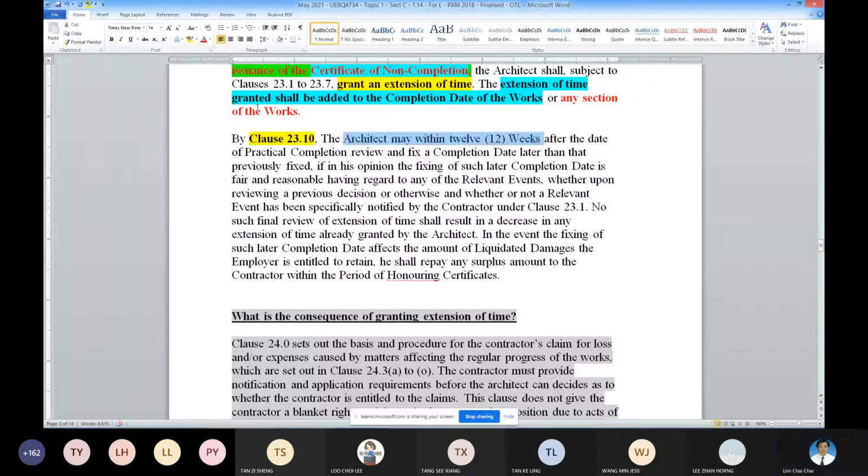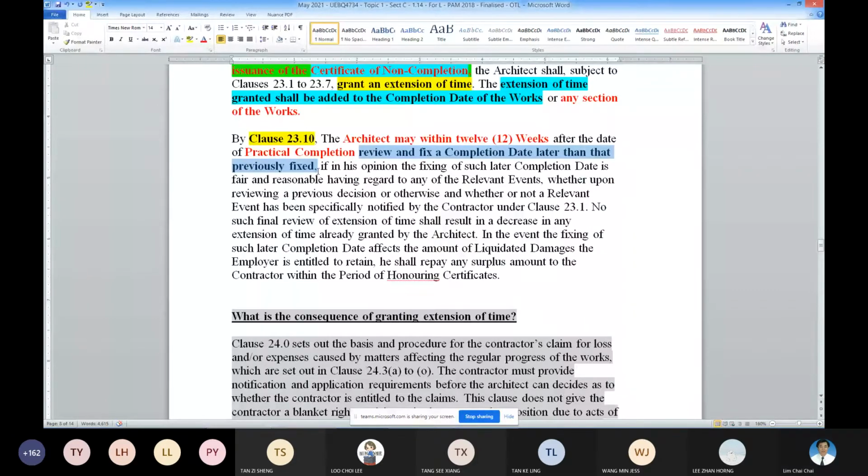Within 12 weeks, the architect has the right to review and fix another date. This is without any contractor's application. It is an independent review by the architect.